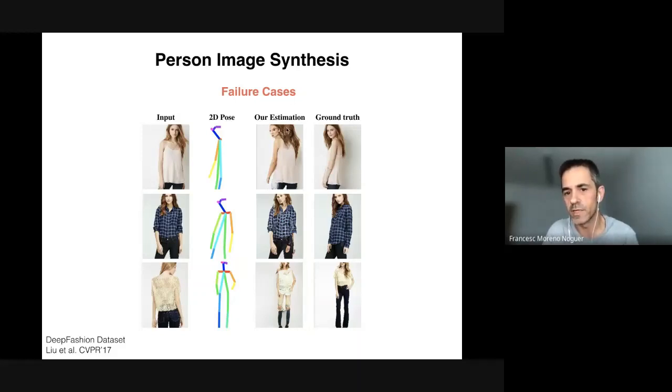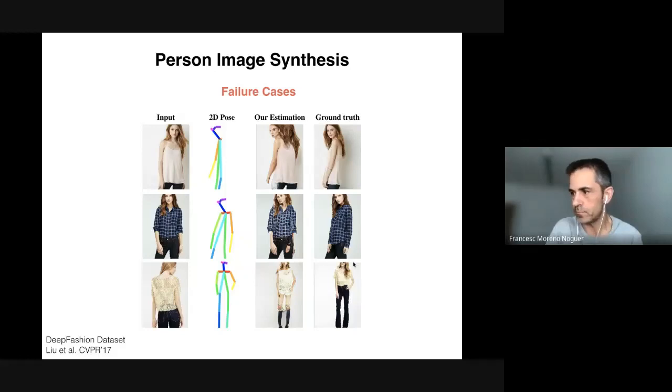So here in the first case, you see that the input face was not removed from the generated image, or in this case, it appears here a hand which is not correct, or here the pants, the texture of the pants is mapped to the boots and not to the whole pants here. But still, it was a good application and a good demonstration of how the weak supervision could work.